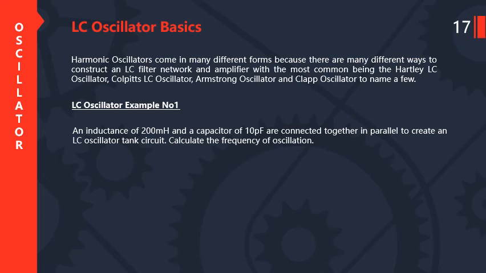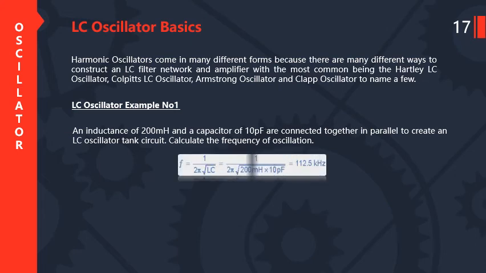Here the value of inductance is given and the value of capacitance is also given. Let's see. We know that the resonance frequency is equal to 1 upon 2 pi under root LC. So put the values of L and C: 1 upon 2 pi under root 200 millihenry into 10 picofarad. So we get 1012.5 kilohertz.